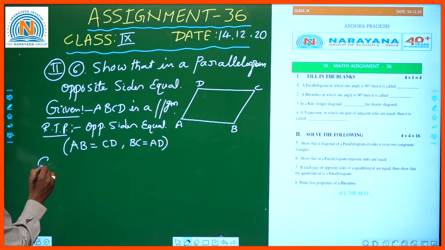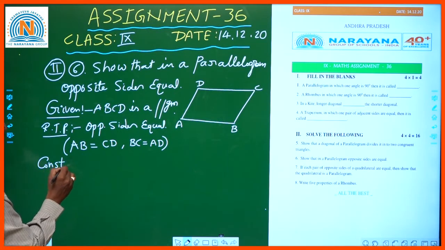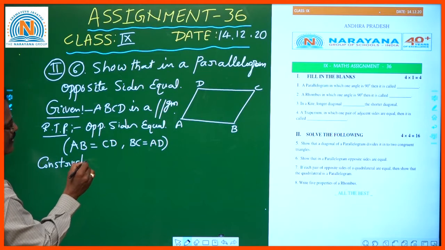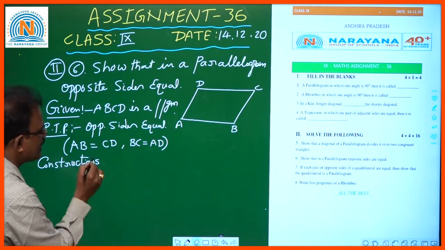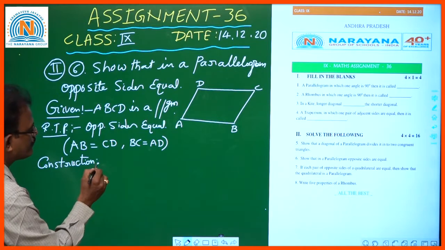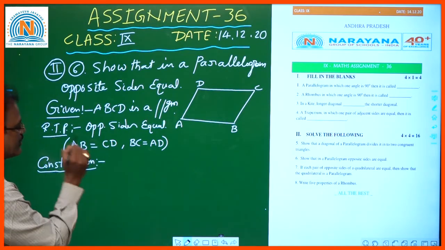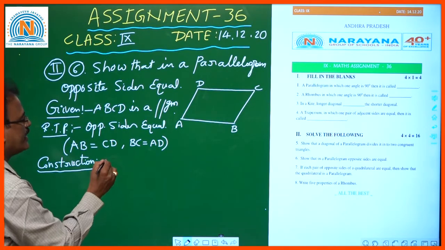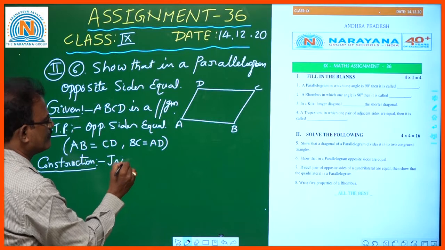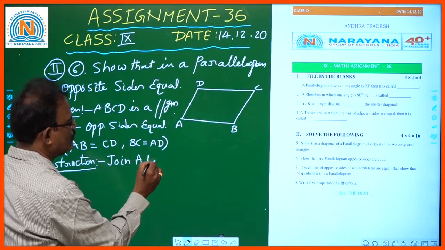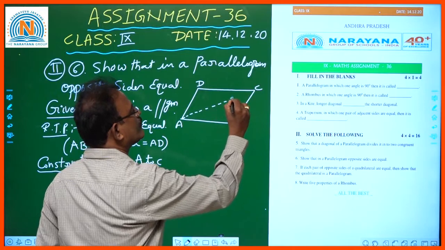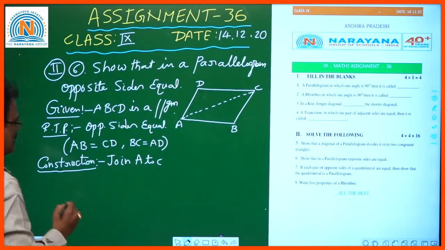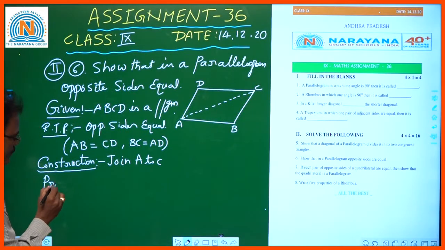Now construction. Sometimes the given information is not sufficient to prove, then we are taking some additional part under the name of construction. Just join A to C. Now proof.